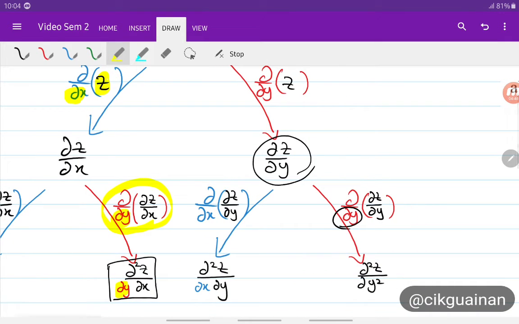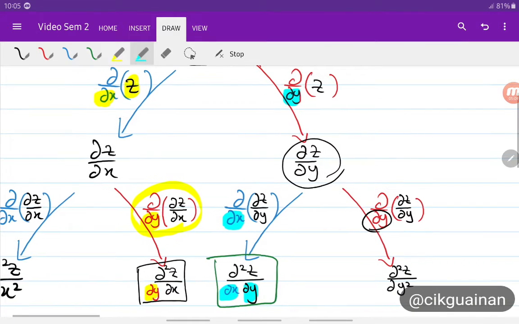Now for the one in the green box, it means that we differentiate z with respect to y first, then we differentiate the first derivative with respect to x.